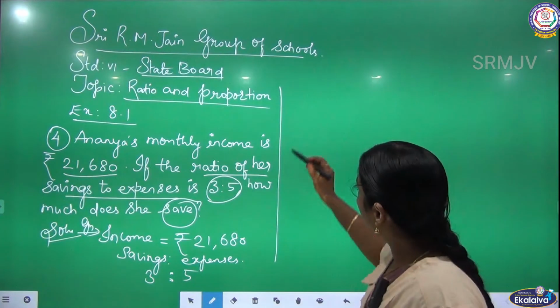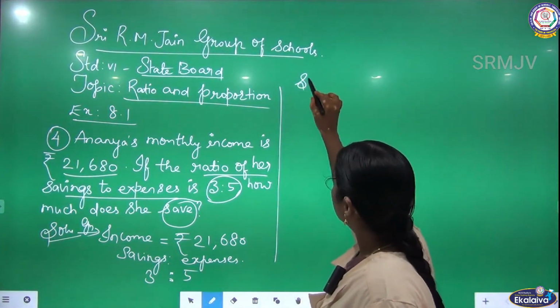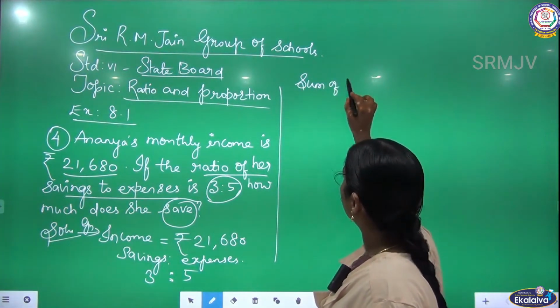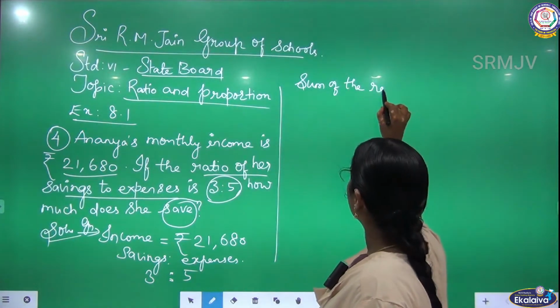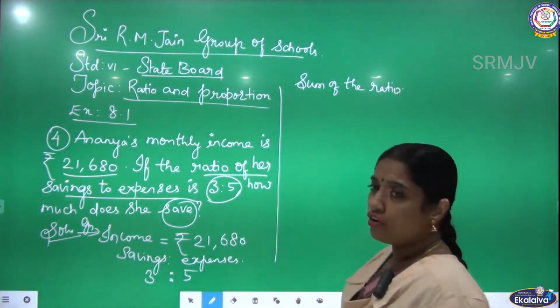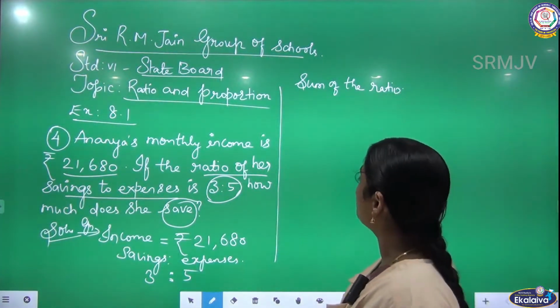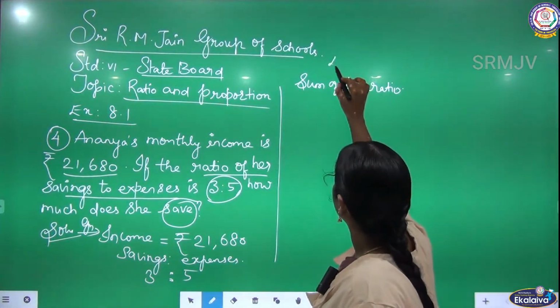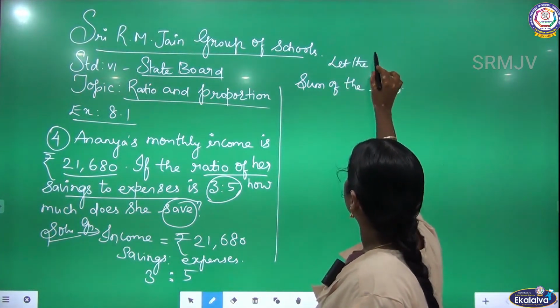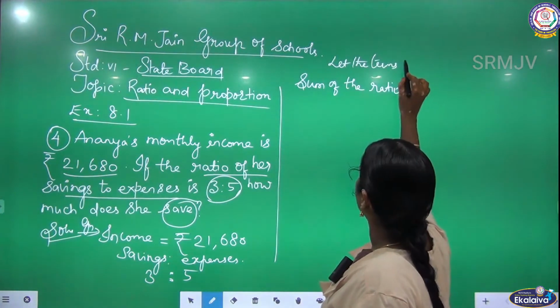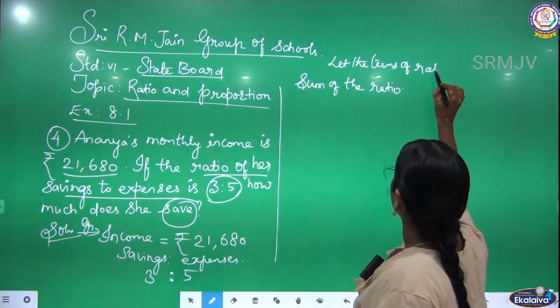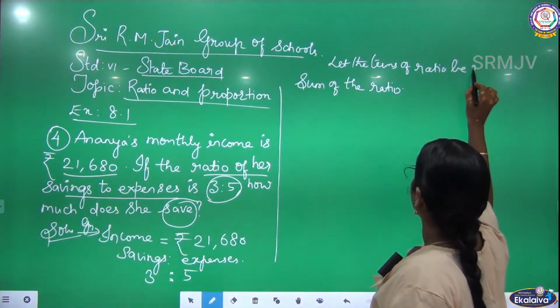Now I am going to find out the first step, the sum of the ratio. Before that, let the terms of the ratio be x.